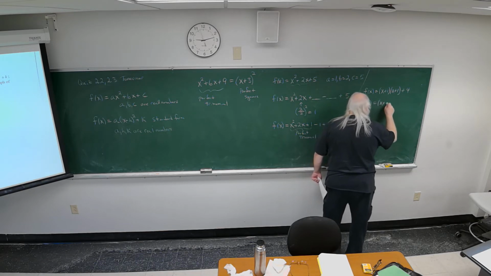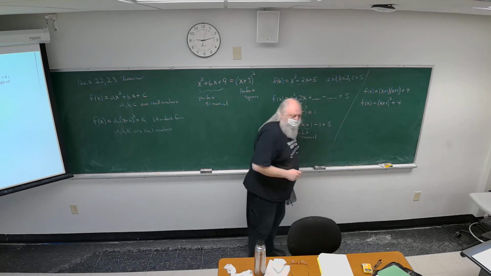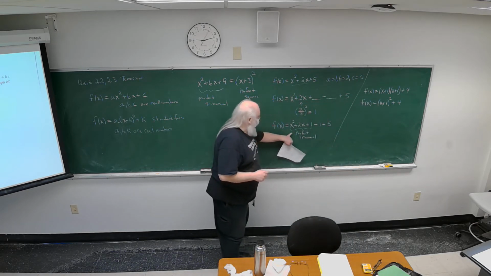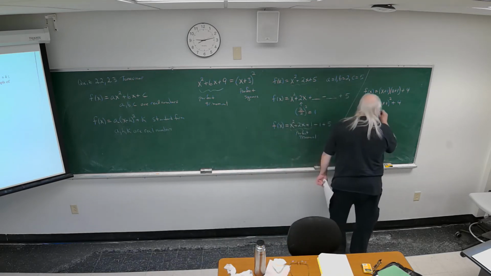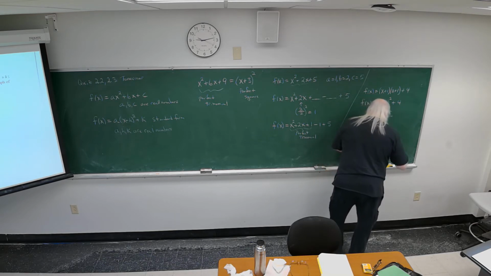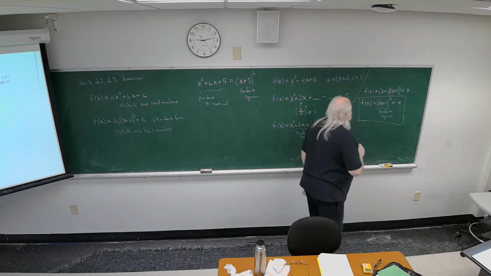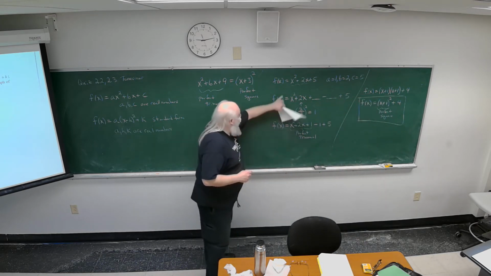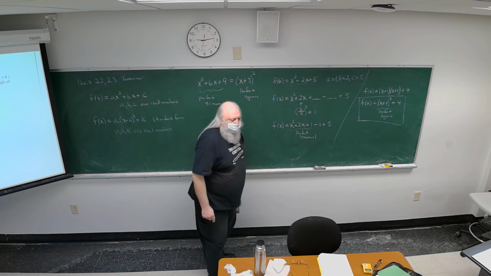So x plus 1 times itself is a perfect square. So we went from a perfect trinomial to a perfect square. So that's this quadratic function written in standard form. They're the same function, they have the same parabola.